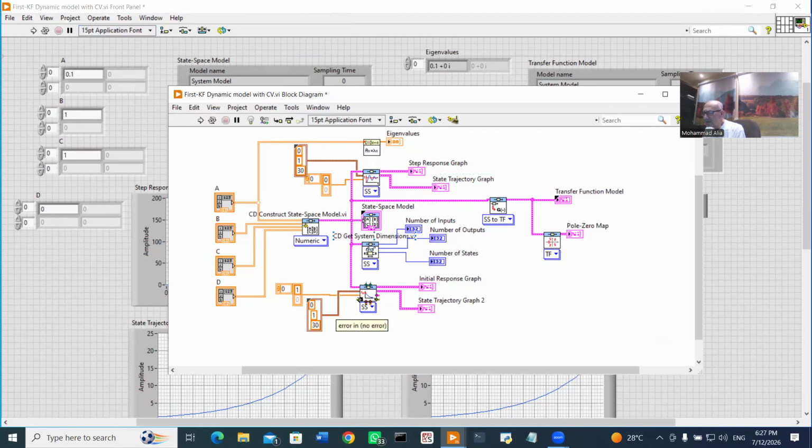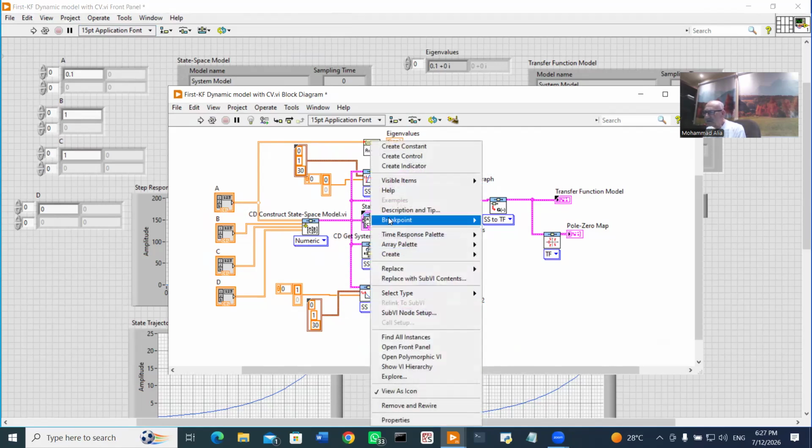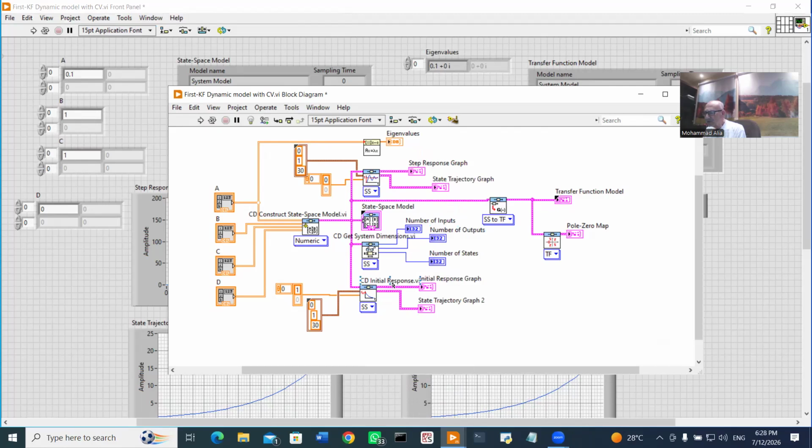Also, I have taken the cluster which represents the state space model here, and also I used another useful function to see how the states change given an initial value.